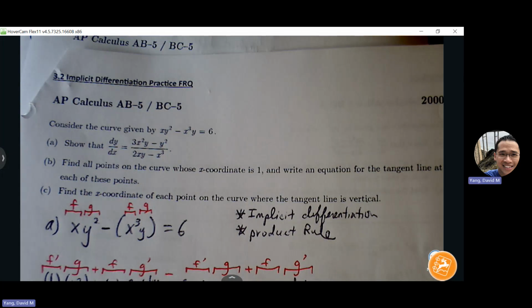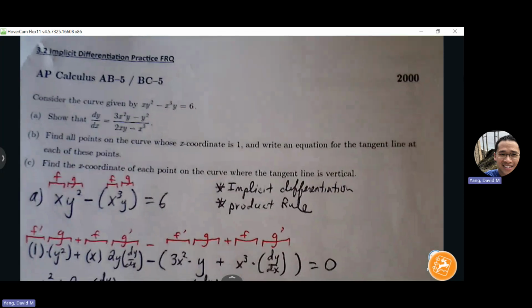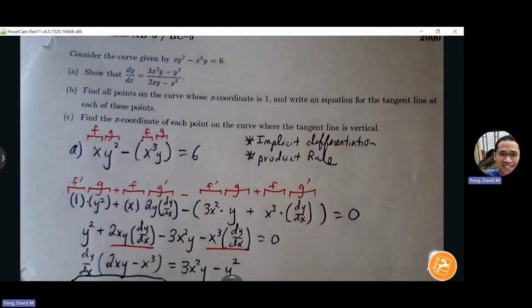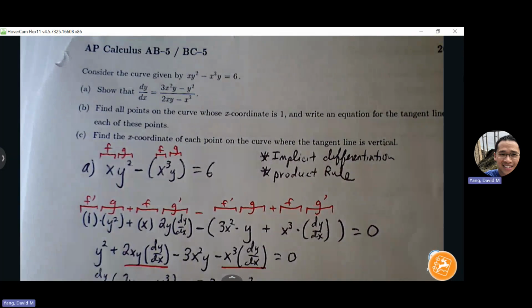Usually, or if it shows up, it's not the main content. It could be a part C or part D of another problem. But I just want to give you a taste of what an FRQ could look like. There's usually 3 or 4 parts, and each part is worth a certain number of points out of 9. It's always out of 9 points each FRQ.